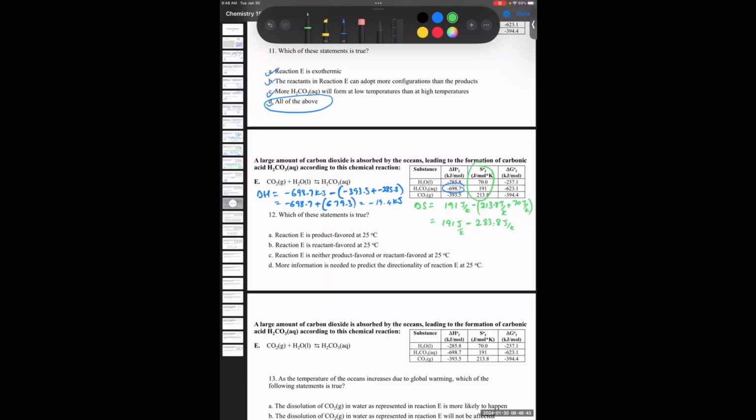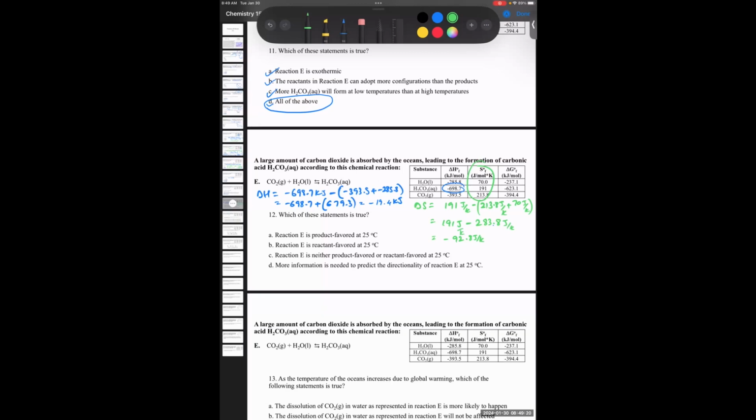Obviously it's going to be a negative value, minus 92.8 joules per Kelvin. Let's check again: 191 minus 283.8 is minus 92.8 joules per Kelvin, our delta S for the reaction under standard conditions.